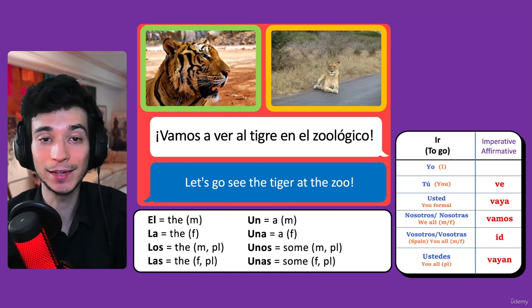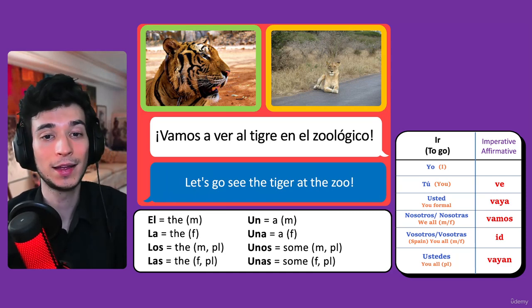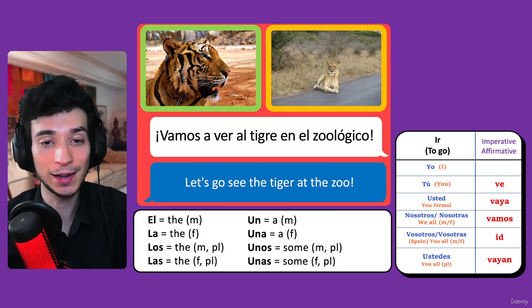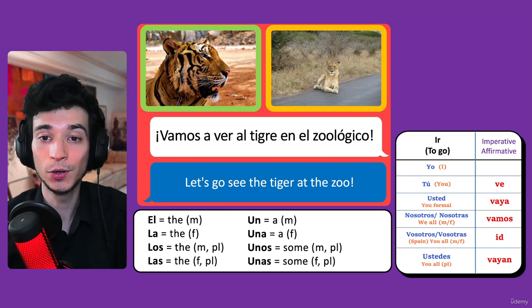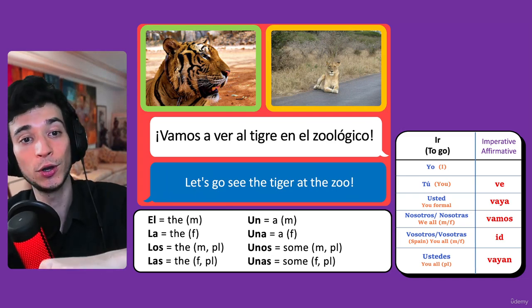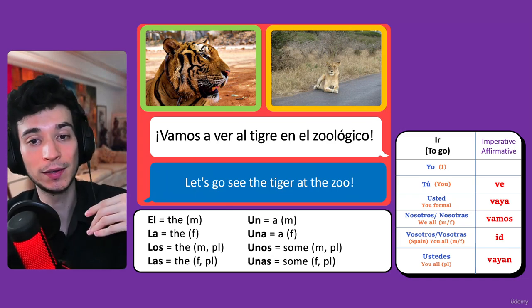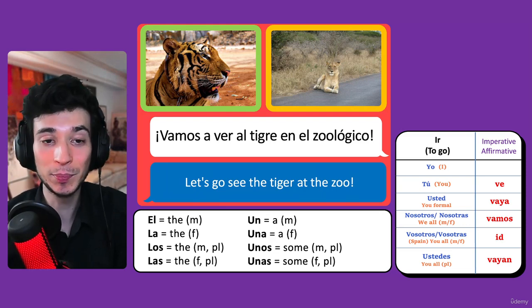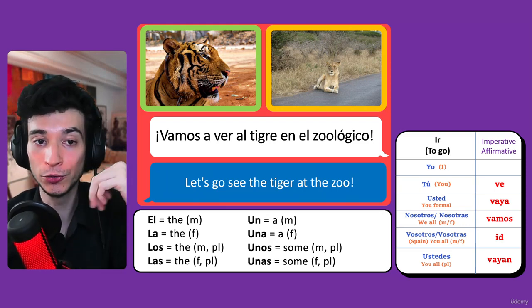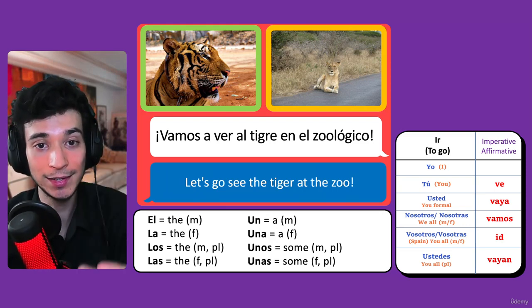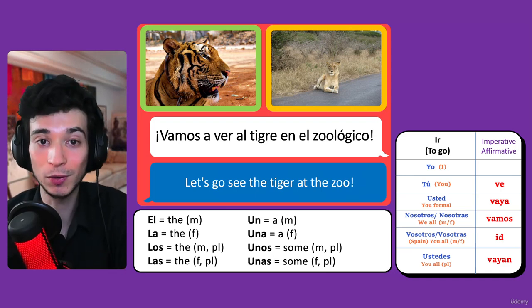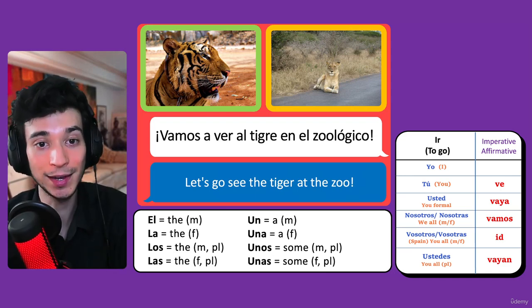Vamos a ver al tigre en el zoológico. Let's go see the tiger at the zoo. So, vamos means let's go. And vamos can also mean we go. So, it depends a lot on the context. Because you can say, vamos a ver al tigre en el zoológico, which can mean we are going to go see the tiger.